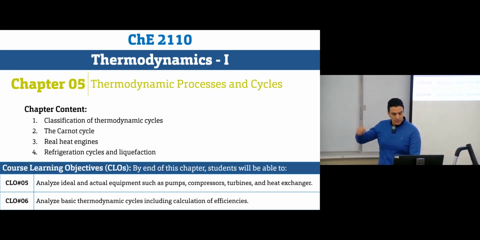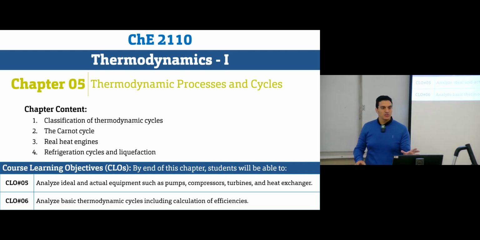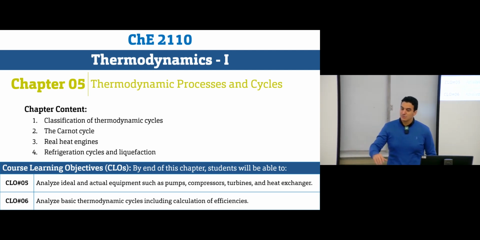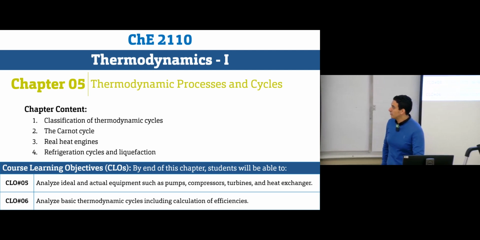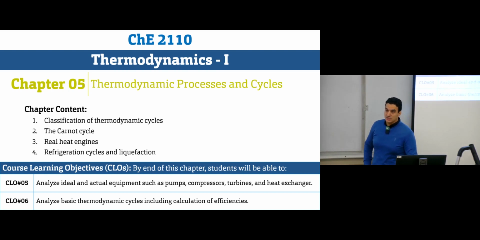Also, we need to be able to analyze thermodynamic cycles, see how we can calculate efficiency for these cycles, and compare the efficiency of ideal or reversible cycles with actual, real, irreversible cycles, to see how each one can be calculated and what factors affect each one of them.